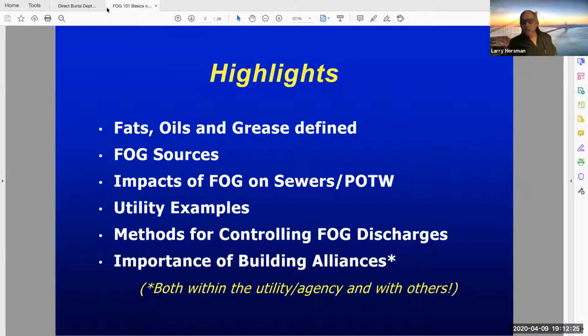Now, I did want to talk a little bit about fog, fats, oils, and grease. Does anybody here work with restaurants or deal with restaurants? Because that's a big problem, putting things in the sewer, and this applies to your house too. They tell you you're not supposed to pour the fats, oils, and grease into the sink. You're supposed to drop them in the trash, because it clogs up the pipes, particularly when it gets cold.